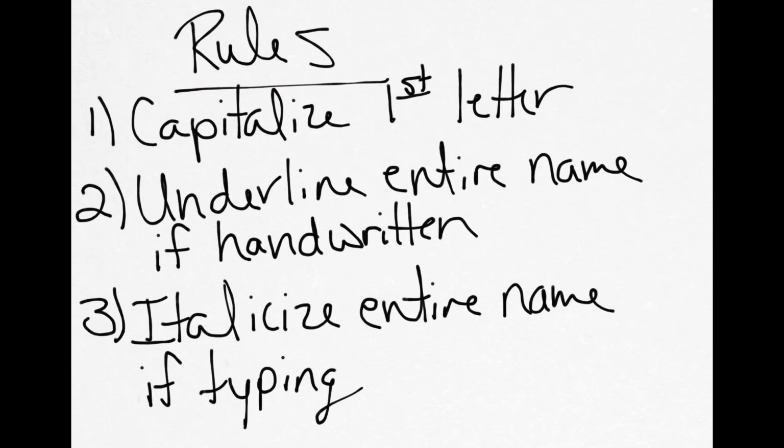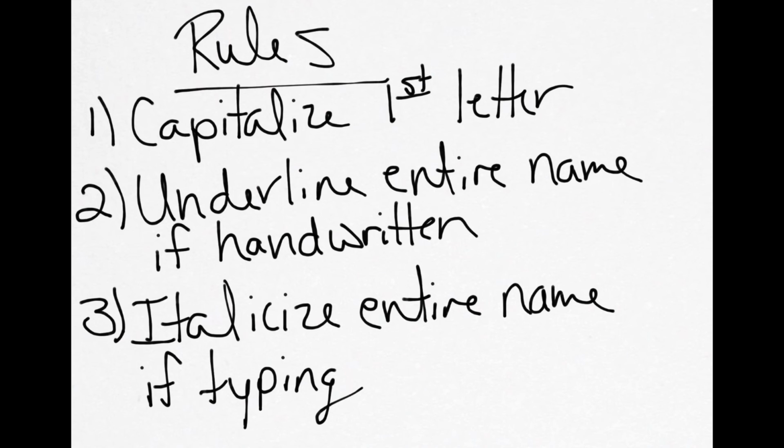If you are typing a scientific name, after you capitalize the first letter and make sure everything else is lowercase, you are going to click the italicize button, the I at the top. So you're going to italicize instead of underline. So handwrite, you underline all parts. If you type a scientific name, you italicize all parts.